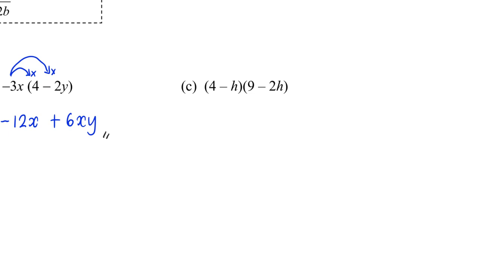that involves this simply means that we are going to have 4 multiplied by 9. Both are positive, so it's 36. 4 multiplied by negative 2h, negative 8h.